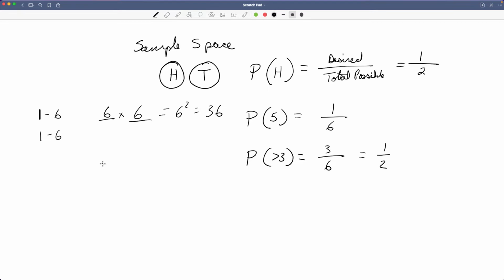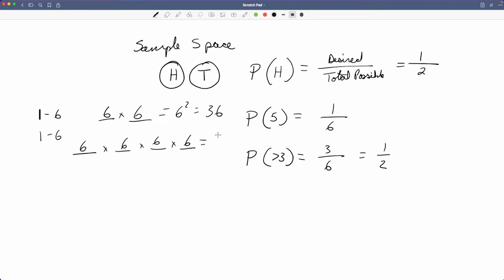So that is our exponential permutation put into practice when we see dice being rolled. Now, what if we have 4 dice? If we have 4 dice that are rolling, there are 6 possible outcomes for the first dice, 6 for the second dice, 6 for the third dice, and 6 for the fourth dice, right?